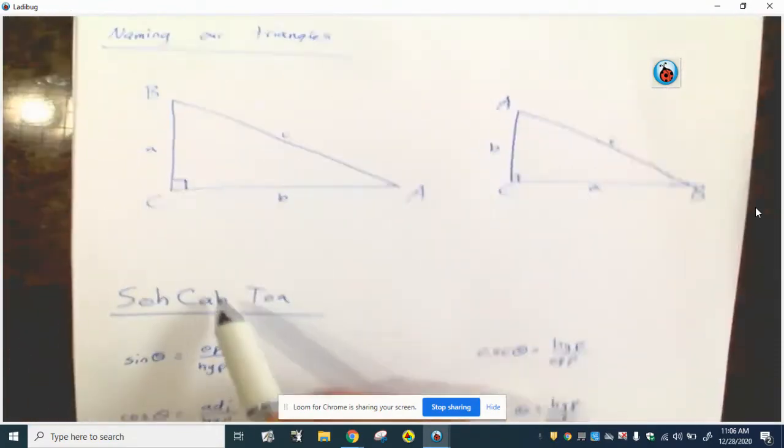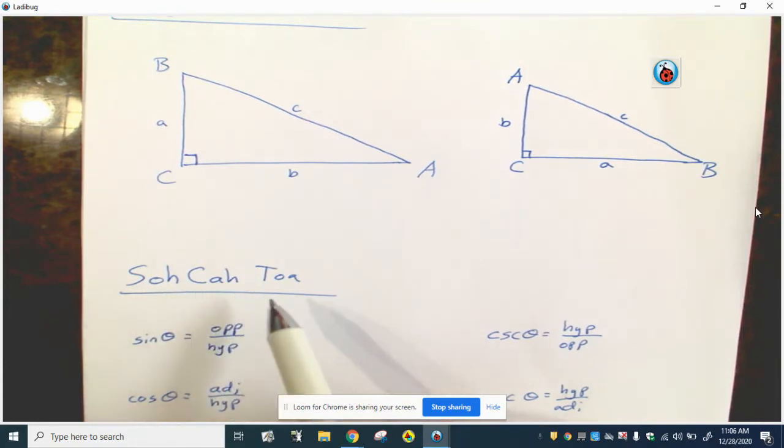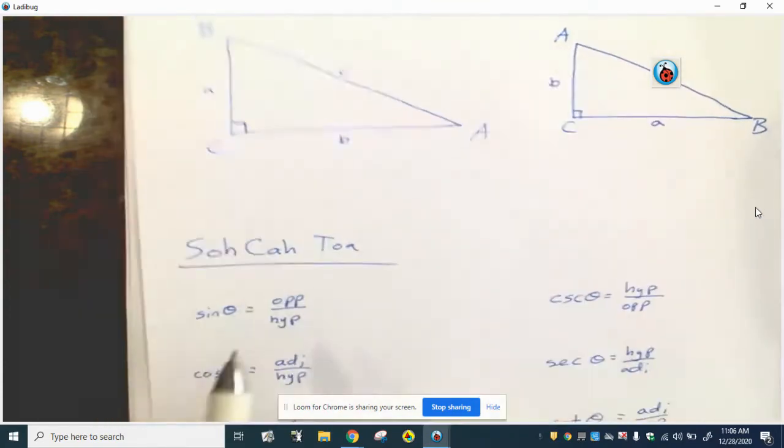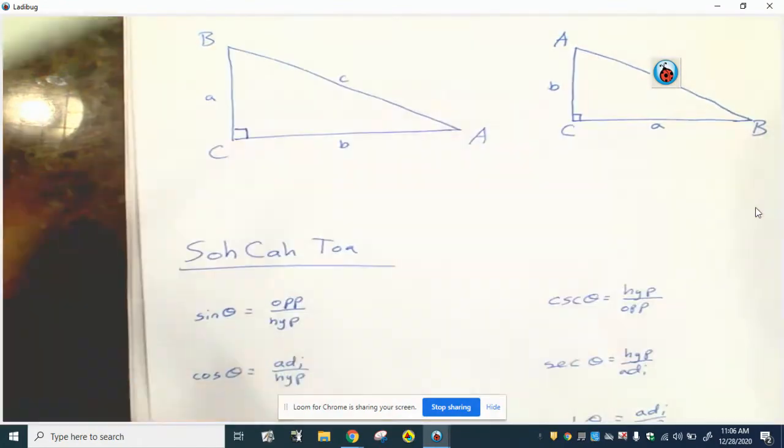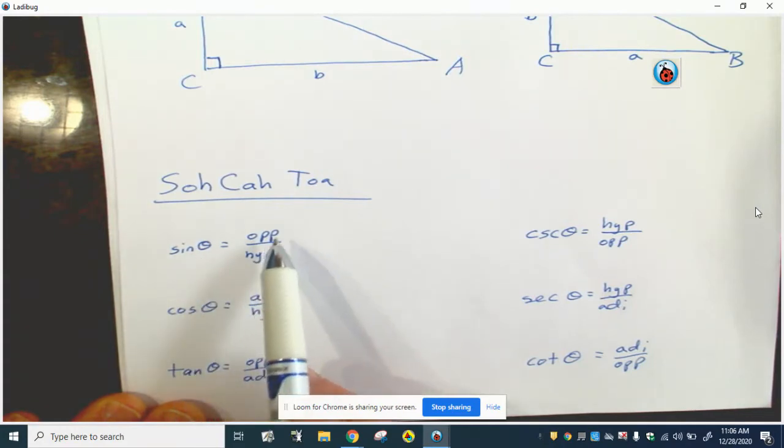Now, we should have all seen SOHCAHTOA in the past, right? And the most important thing to be able to do with SOHCAHTOA is spell it. SOHCAHTOA. And what does it stand for? Well, sine of any angle is equal to opposite over hypotenuse, right?